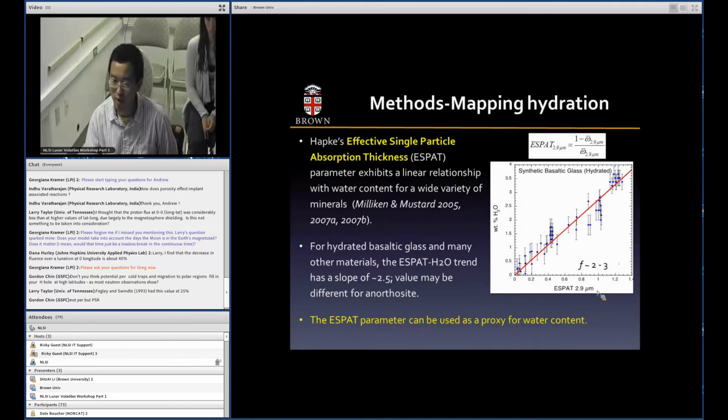However, we are not sure whether the slope is the same for other samples. Currently, we are doing similar experiments to get the slope between water content and the absorption thickness function. However, in this study, we know the absorption thickness parameter can be used as a proxy for water content.